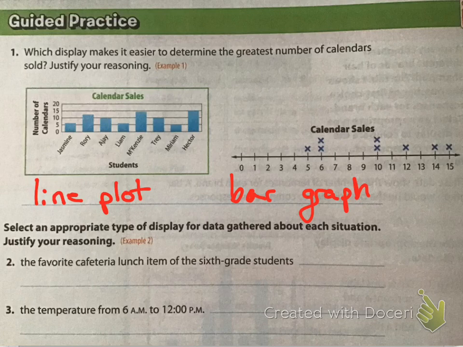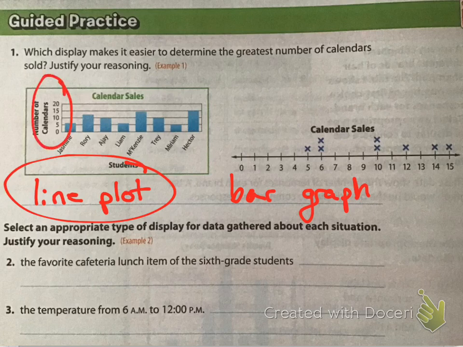But if each line meant 1 or even 2, then that would make that bar graph easier to see the data. So it depends. Line plot might work a little bit better in this exact case. If instead of it being 0, 5, 10, 15, 20, it was 1, 2, 3, 4, 5, then that one might have won. Or either way.